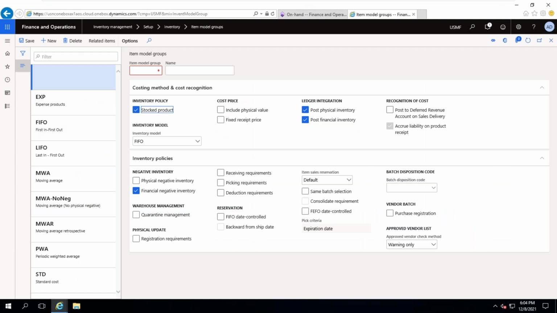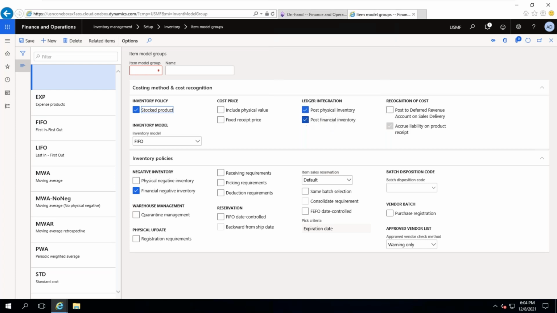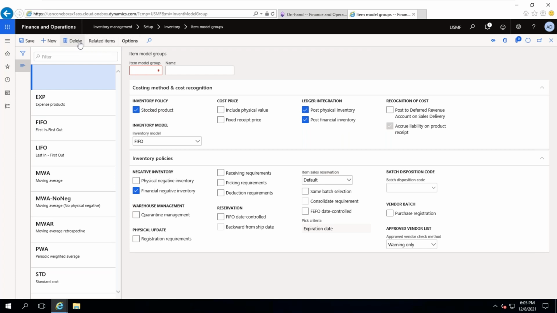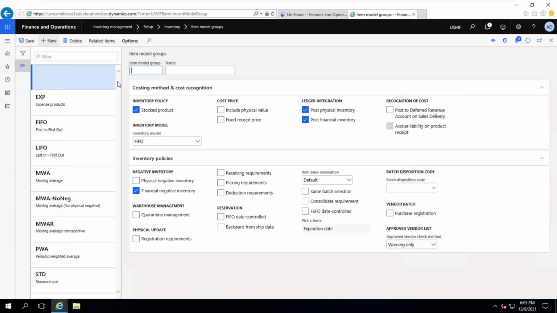I know it is too much information, but it is a must. You need to learn these things. This is for packing slip postings or product receipt postings. This is for vendor invoice and customer invoice postings. So that is the reason if you create a new one, automatically it will propose.